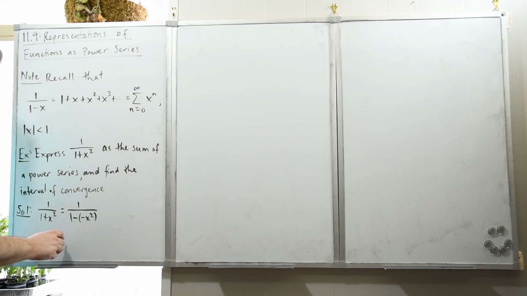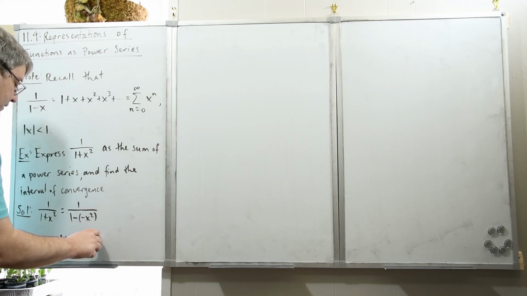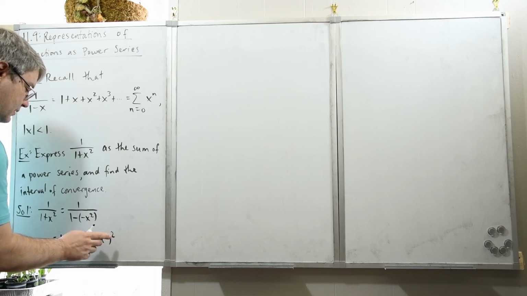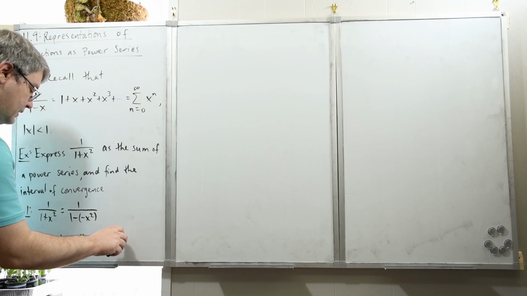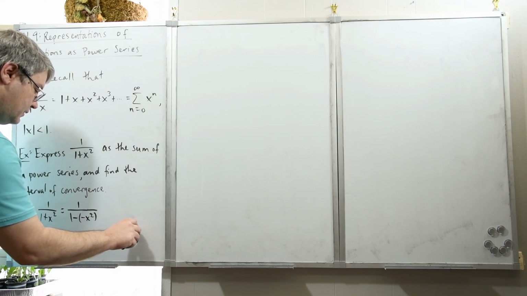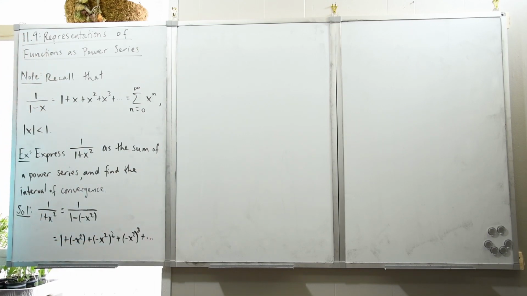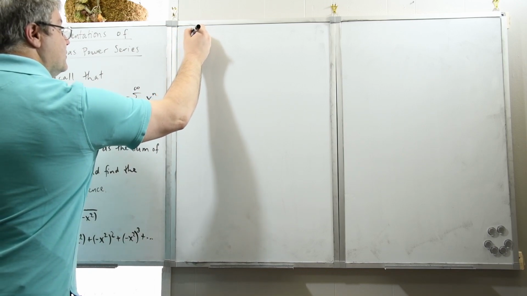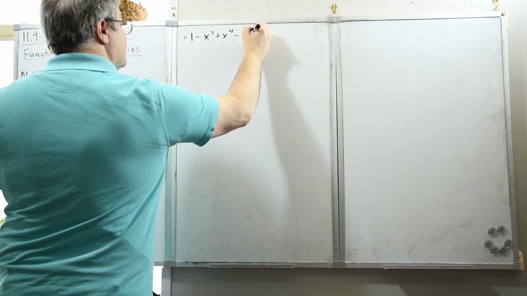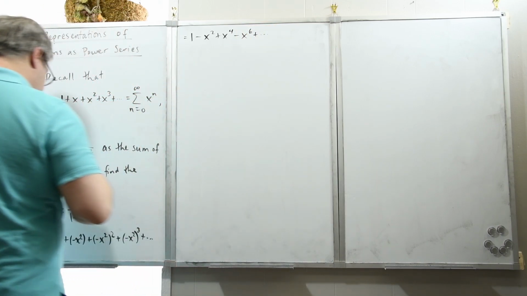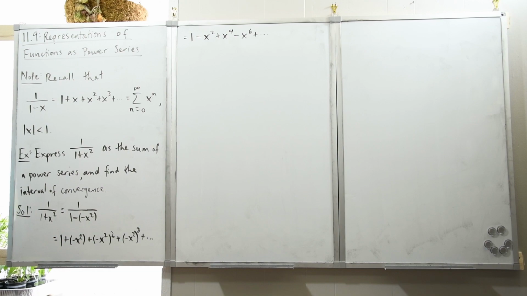And so we would have 1 plus negative x squared plus negative x squared squared plus negative x squared cubed, and so forth. And that would give us 1 minus x squared plus x to the 4th minus x to the 6th, and so forth as our terms.